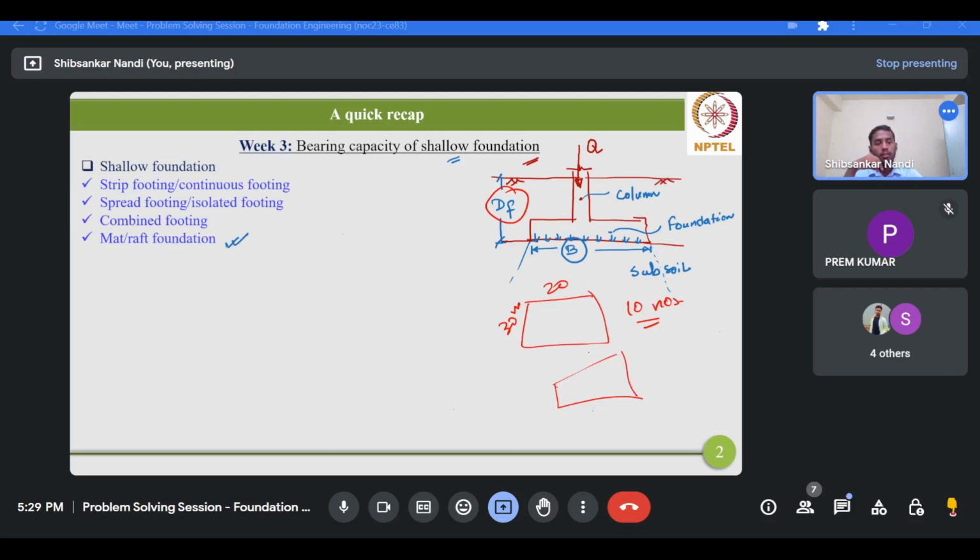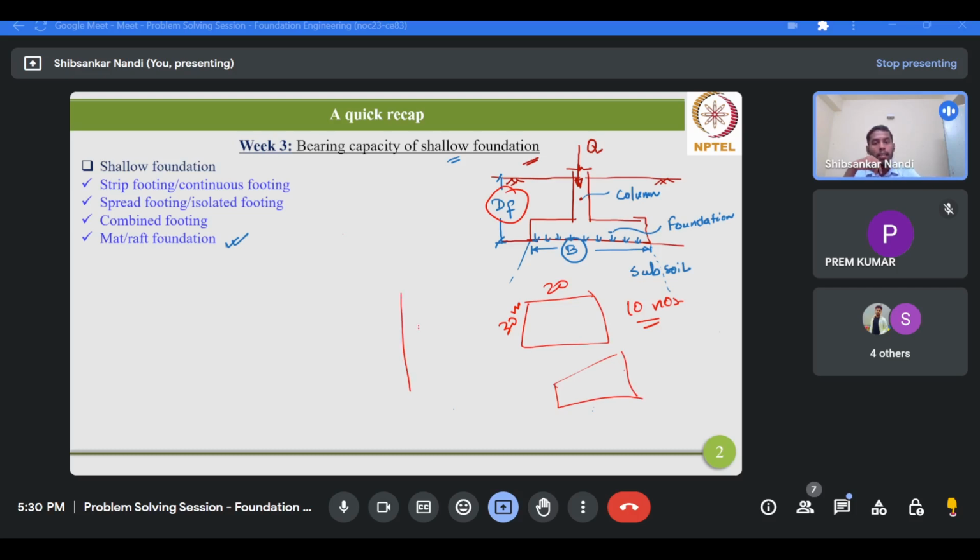Isolated in the sense that only one column will be supported by one individual footing. Now in that way we have designed for a particular project. Now it has come to our notice that the footing of one individual column is overlapping with the footing of another individual column.